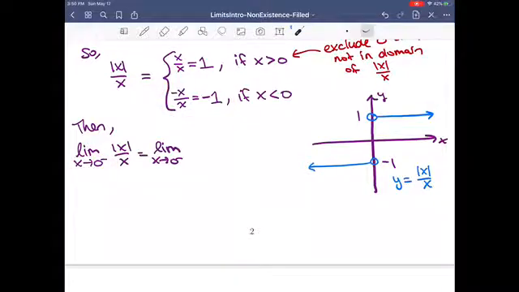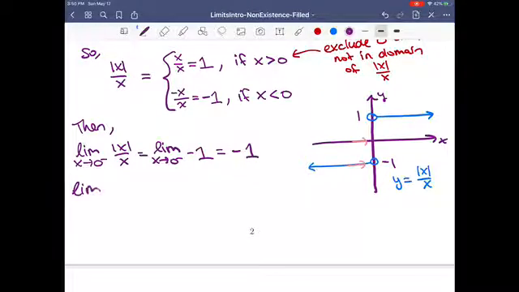So I'm actually taking the limit of -1. Now think about it: as we approach 0 from the left, we're following this line, we're approaching the value -1. We're always -1, so actually we're not even approaching it, we are that value. So this one is going to be -1.